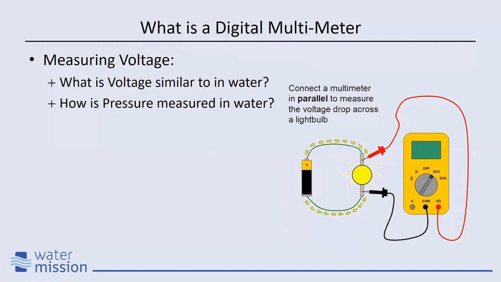So in order to let one tool, one multimeter, measure both of those variables, we have to have different modes for it to work in. So you have to physically unplug this red lead and move it over to the amp side in order to measure amps. You also need to tell the multimeter that that's what you're doing by changing the dial here.